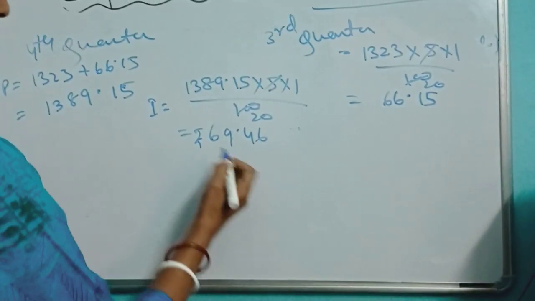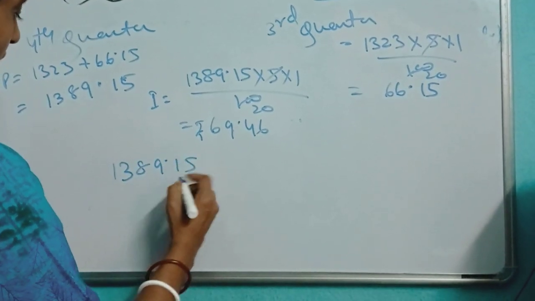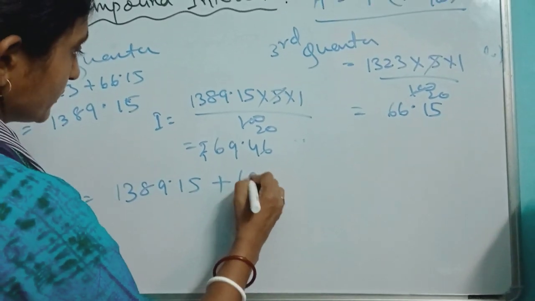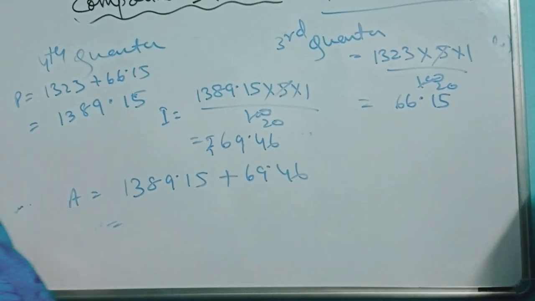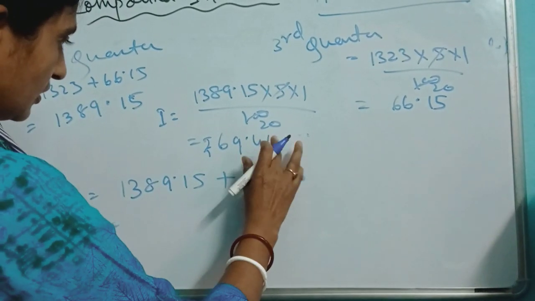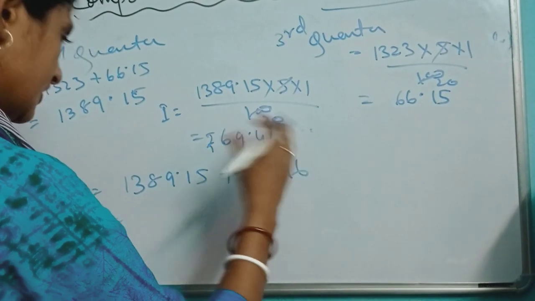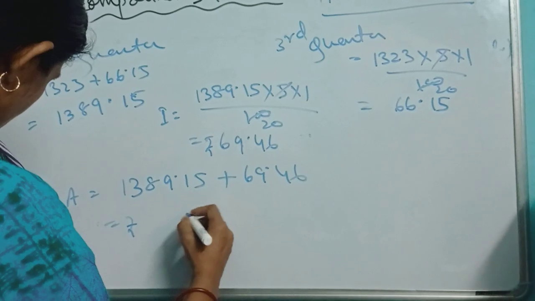So what will be the amount now? Your amount was 1389.15. Now we will add the interest, 69.46.